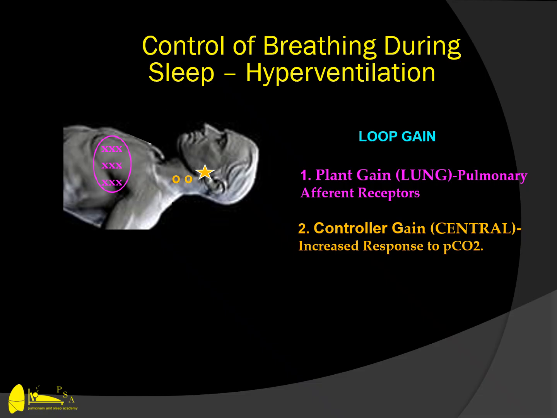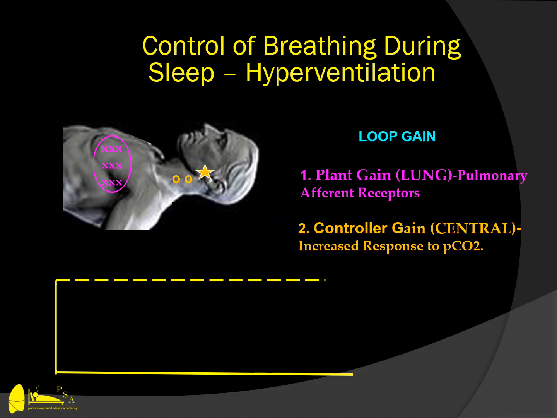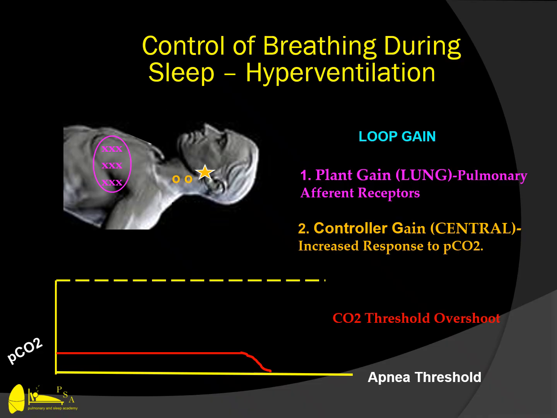So if we return to our CO2 curve here and look at the influence of an increased ventilation, whether it's from plant gain or controller gain or both, the result will be the same. There's a degree of hyperventilation that will blow the CO2 down to the apnea threshold, and the overshoot of this will cause the absence of respiratory drive temporarily and will result in a central apnea.